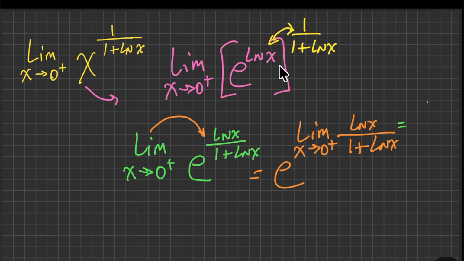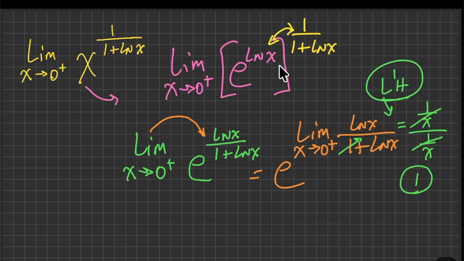In the numerator, we're going to get 1 over x. In the denominator, the derivative of 1 is 0. We're going to get 1 over x again. So this is going to become just 1. So if that's the limit, after we apply L'Hopital's rule, we're going to get e to the first power, otherwise known as e.